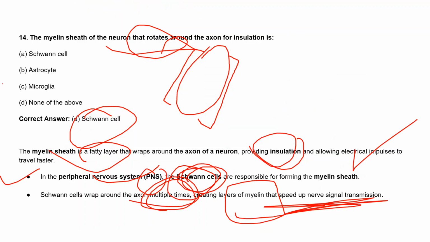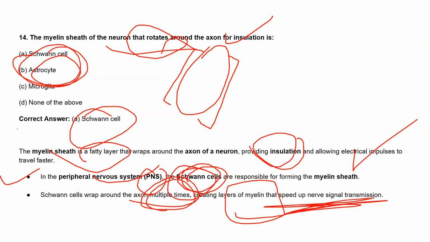So the right answer is the Schwann cell, and it produces the myelin sheath, which is important for the insulation process. Astrocytes are normally nourishment cells. They provide nourishment to the neurons. Microglia are also a part of this.